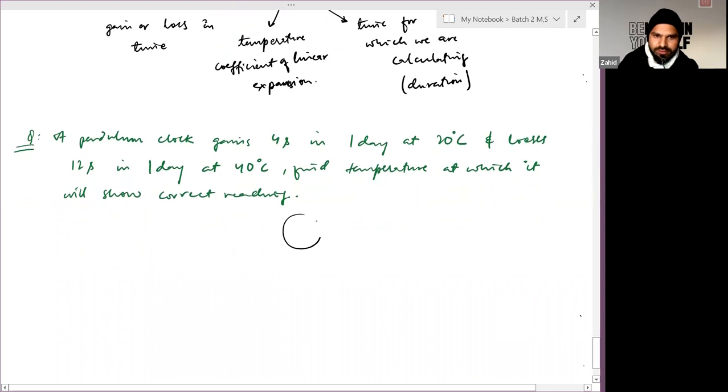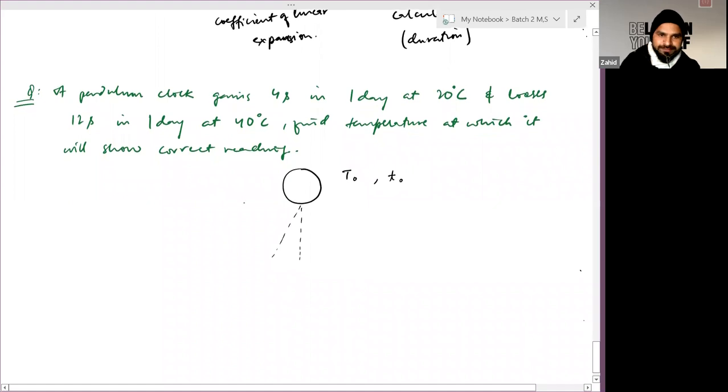Suppose you have a clock which is configured to work at some temperature T naught, so that at this temperature, its time period of oscillation of pendulum will be T naught. Now, if temperature of surrounding is changed, let's say temperature is increased.